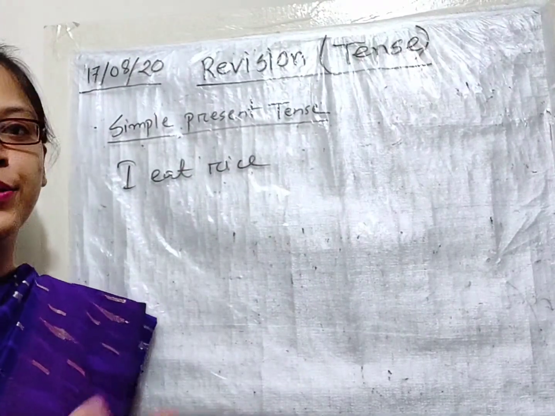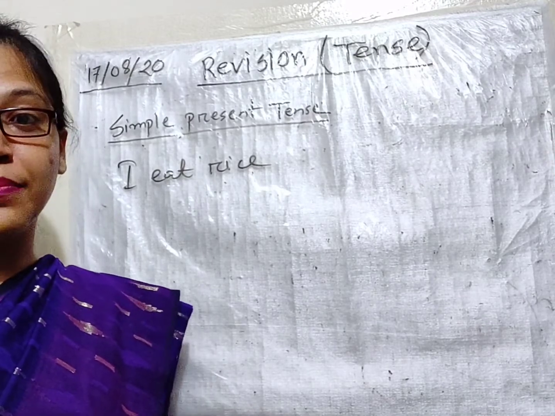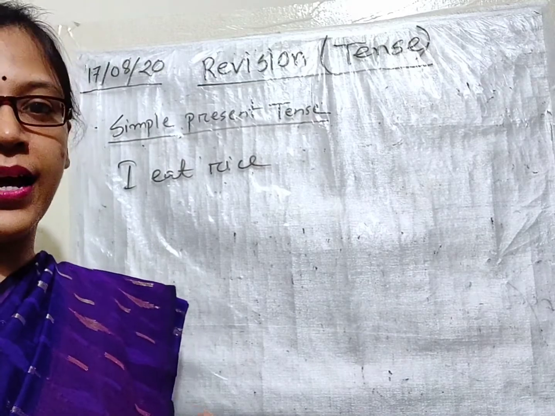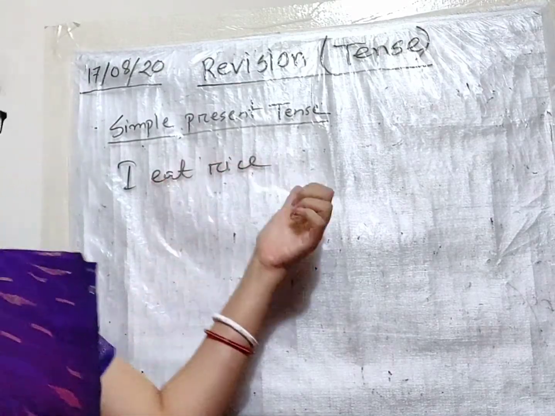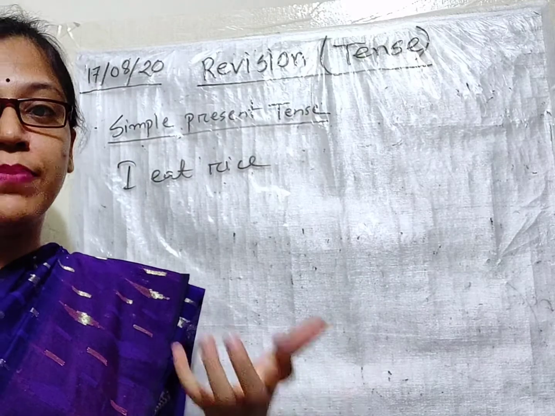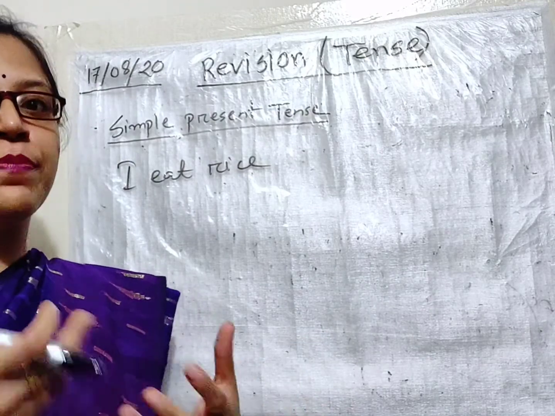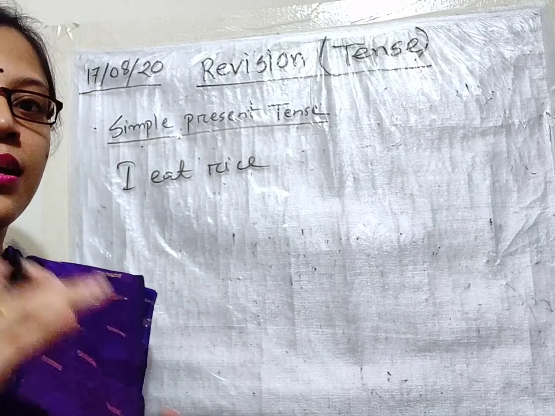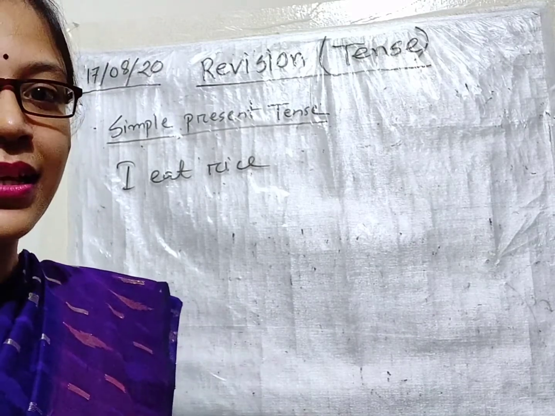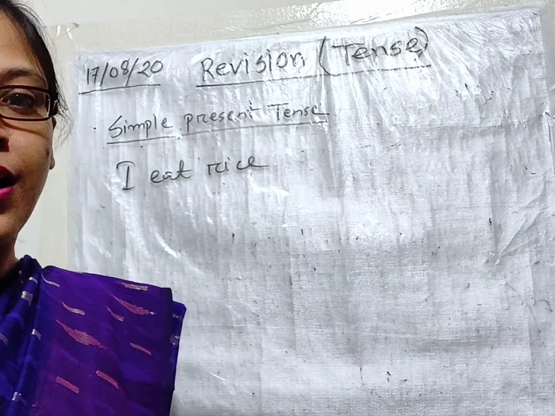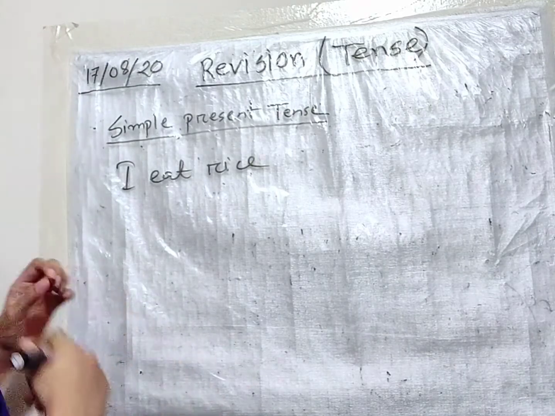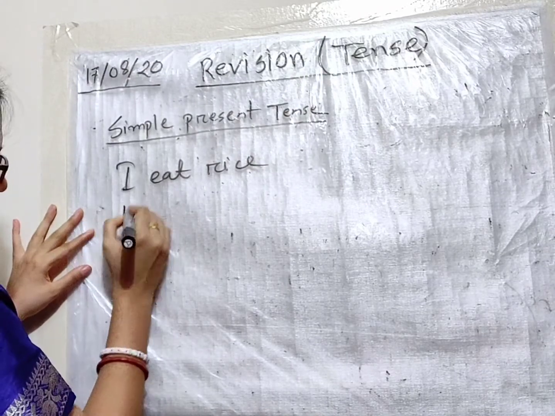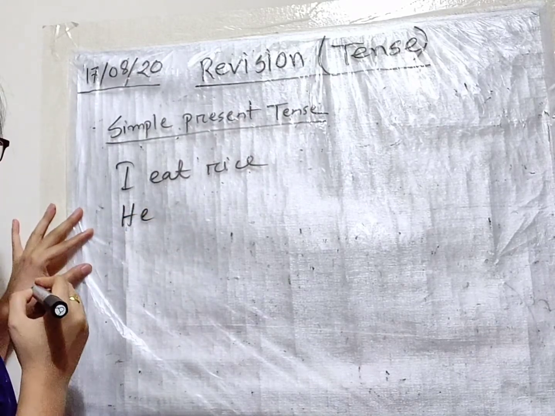Can you remember what we learned in the person and number session? I hope you can. Simple present tense depends on the person we are talking about, and according to the person, it changes the form of the verb. For example, I eat rice. If I talk about third person, he, then what will be the verb form?